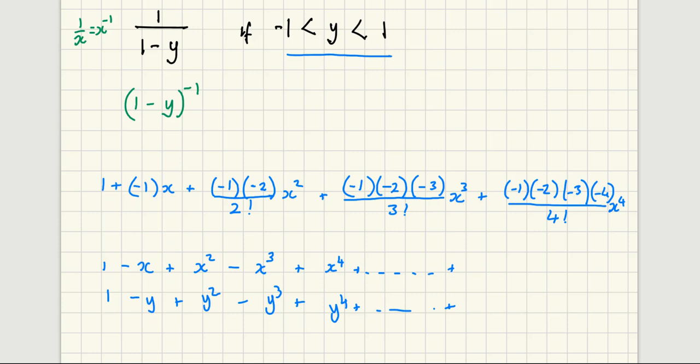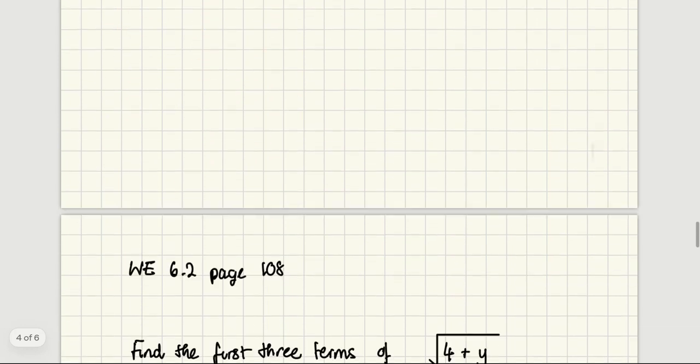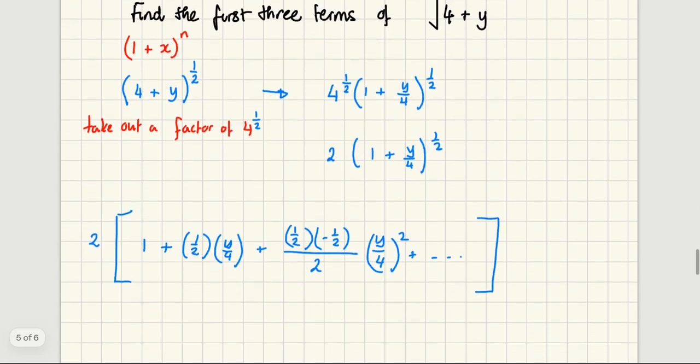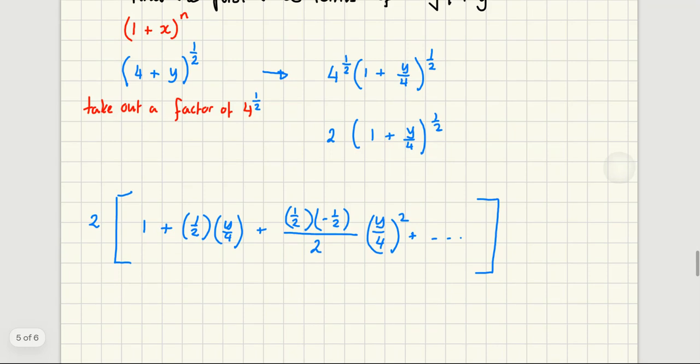What's going to happen? Is y to the power of 4 going to be bigger or smaller than y to the power of 3? Smaller, because y is a fraction. So each term is going to get smaller and smaller. So what about this one then? What have we now decided?